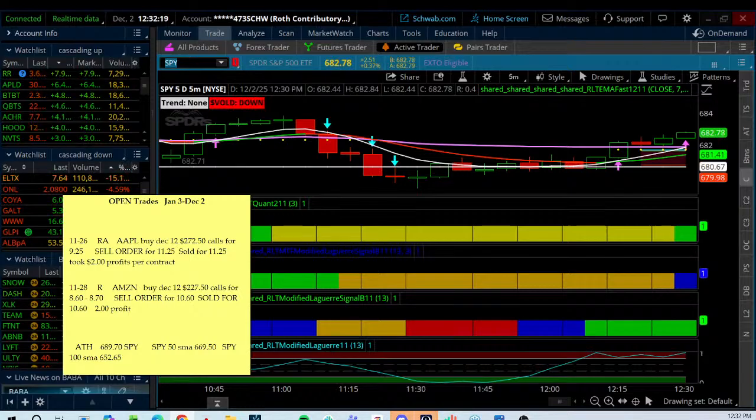Market internals moving up, not dramatically, but moving up. Wayfair is still hovering around 104.